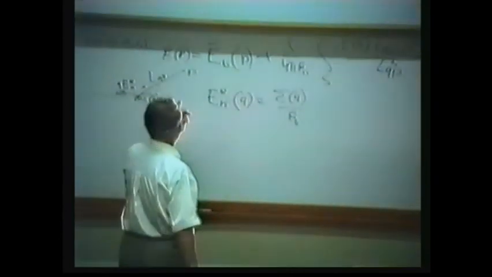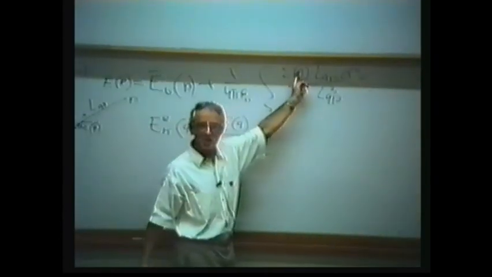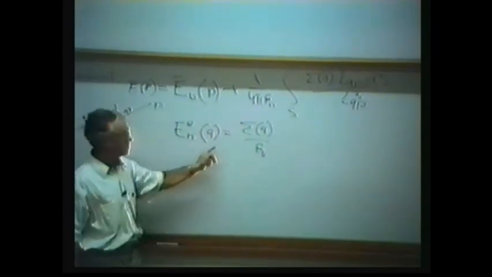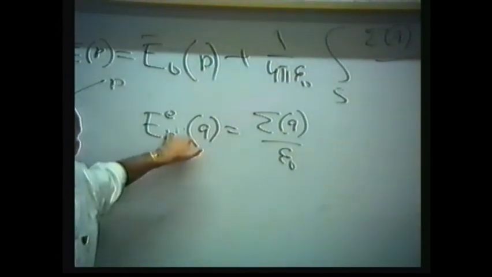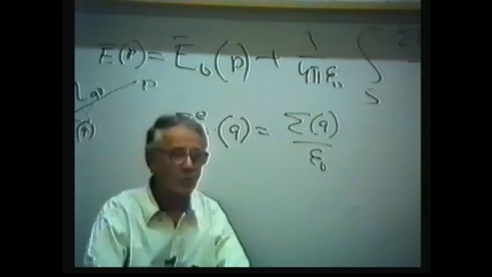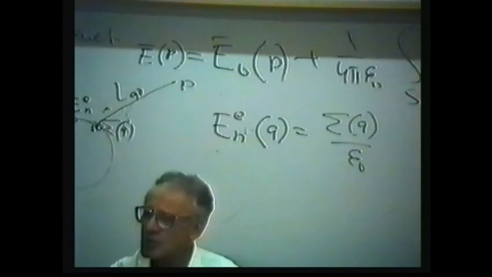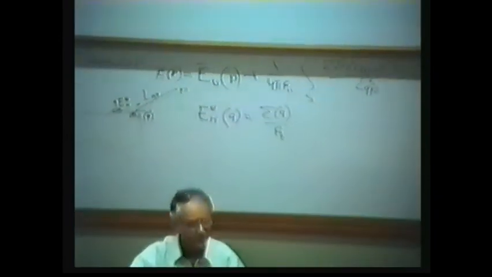So, in order to find the field, you have to know these charges. But this equation tells you, in order to know charges, you have to know the field, the total field. So this problem I call a closed circuit problem. Does this definition sound clear or not?